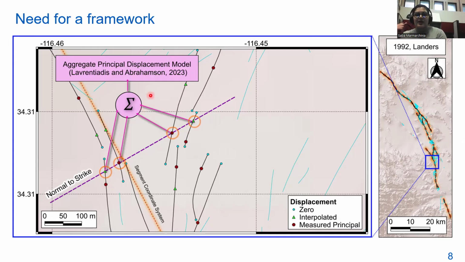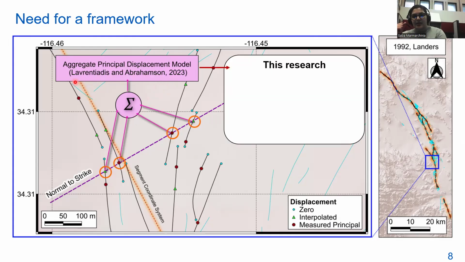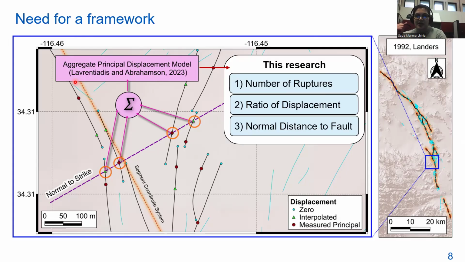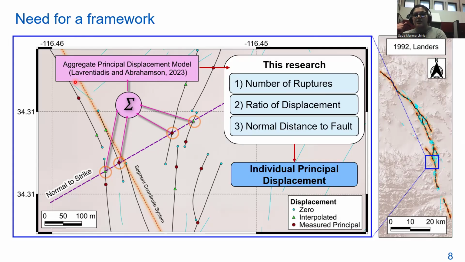For that, with the model for aggregate displacement from previous work, we need 3 steps. These are the number of overlapping ruptures at each location, the amplitude ratio of the displacement, which means how the aggregate displacement is distributed among the overlapping ruptures, and the normal distance to the fault. With these 3 components, we can convert from aggregate displacement to individual principal displacement.